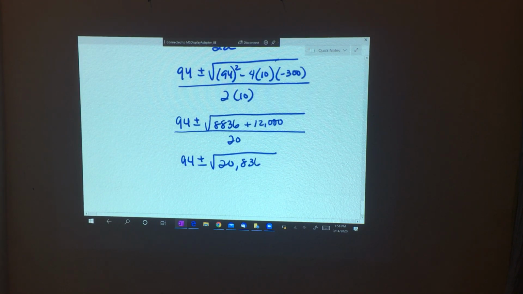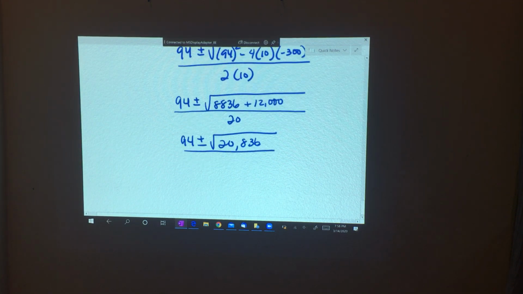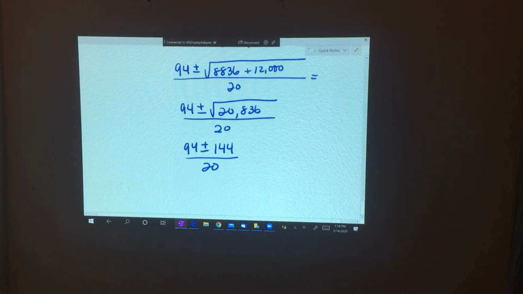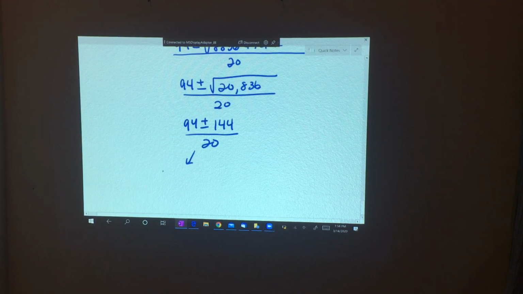I just added those two numbers together, over 20. Okay, that just happens to be 144. The square root of 20,836 is 144. So I have here 94 plus 144 over 20, and I have 94 minus 144 over 20.